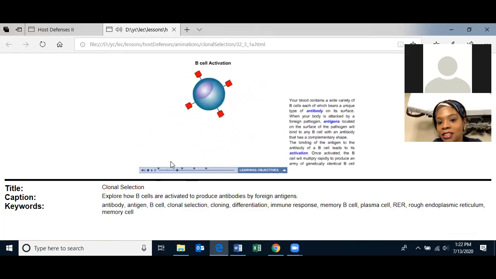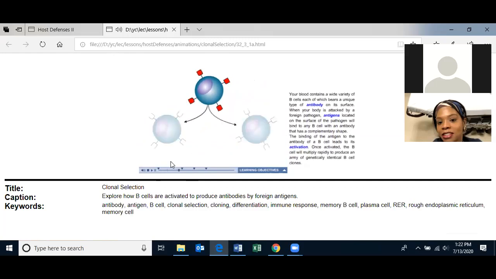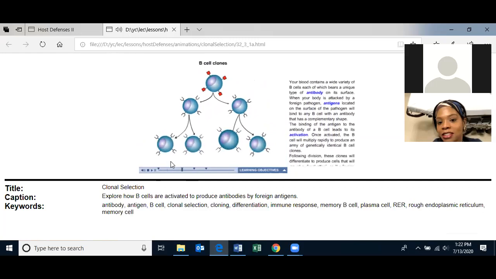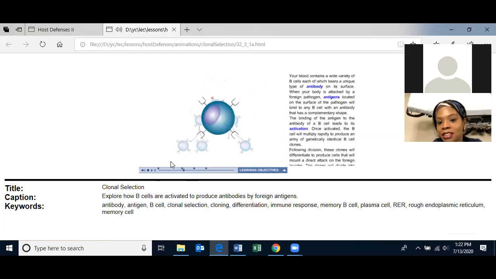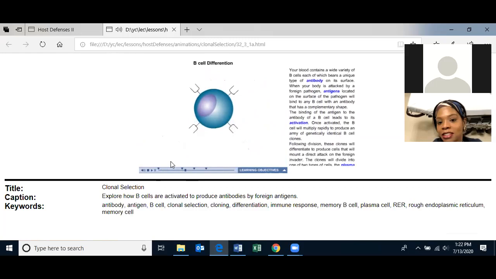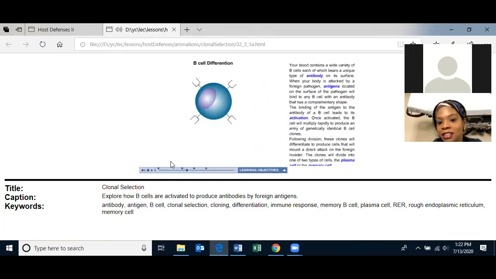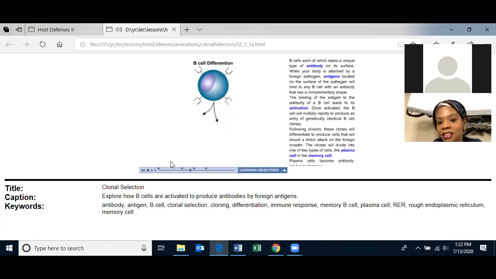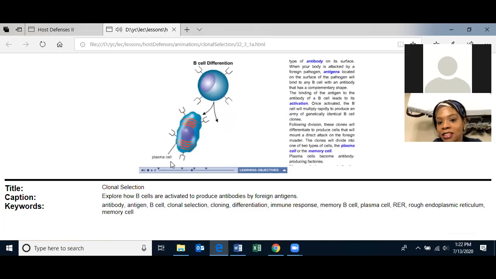Once activated, the B cell will multiply rapidly to produce an army of genetically identical B cell clones. Following division, these clones will differentiate to produce cells that will mount a direct attack on the foreign invader. The clones will divide into one of two types of cells, the plasma cell or the memory cell.